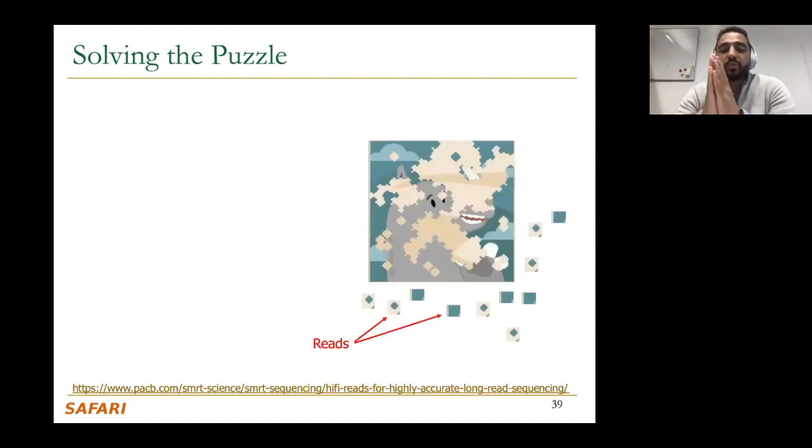So now the challenge. One of the ways I'm looking into this problem is exactly as if you are solving a puzzle. You have all these pieces, which we call reads, that are subsequences of your genome, and you try to stick them together to connect them so that you have the complete sequence of your DNA. And how do you do that?